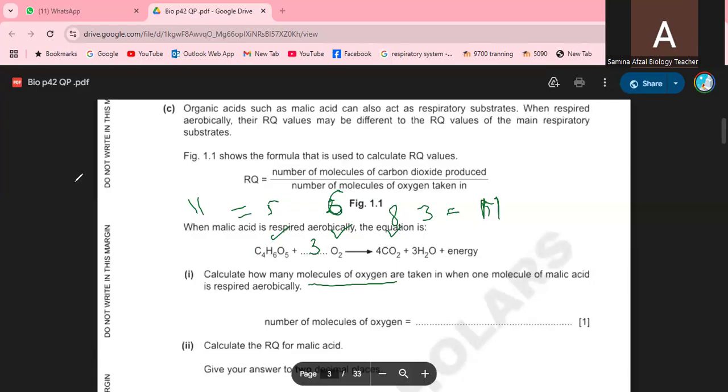On both sides the oxygen will be the same, that is 11 on this side and 11 on this side. So we need 3 molecules of oxygen for the respiration of malic acid. We will write 3 over here.